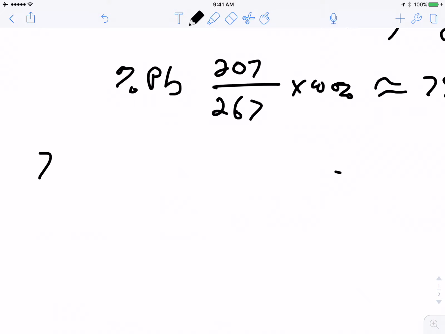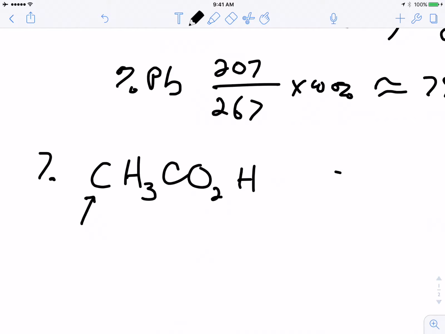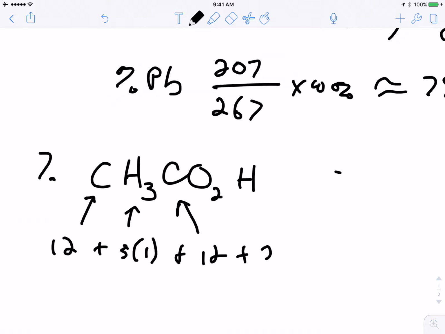Moving on. 7. What's the mass of acetic acid? We have CH3CO2H. And you might see a pattern here. This is 12 plus 3 times 1 here, plus another 12 plus 2 times 16 here, plus 1. Add all that up, 60.